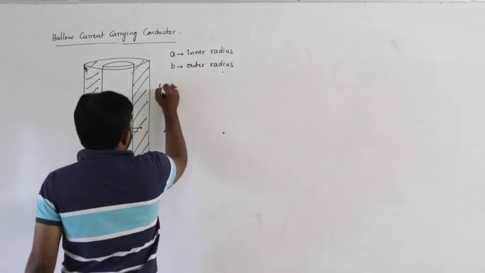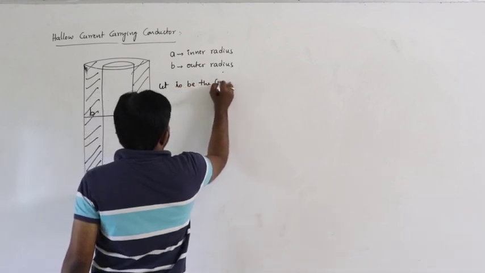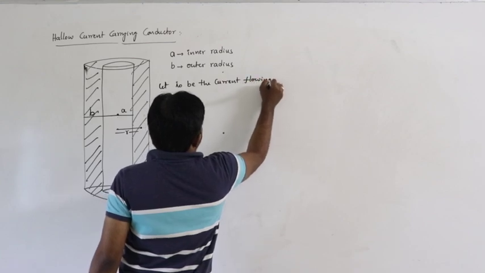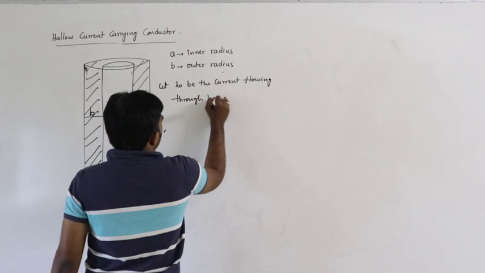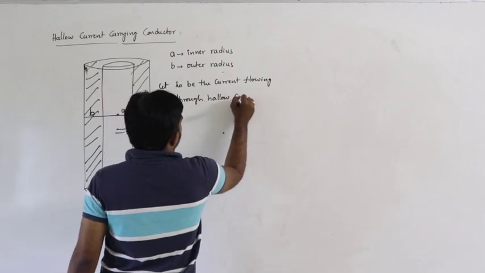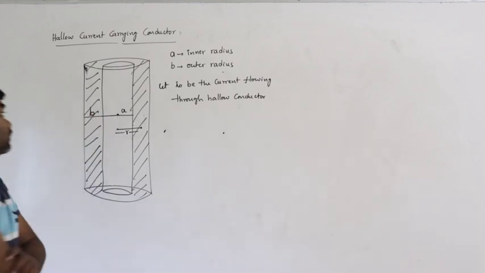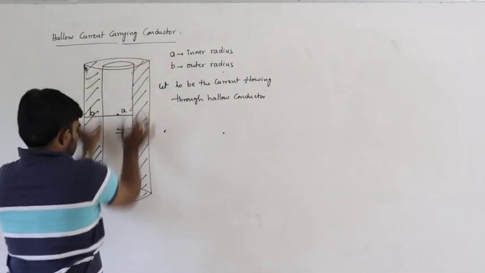So let I naught be the current flowing through the hollow conductor. So first, that means here the current is flowing like this.